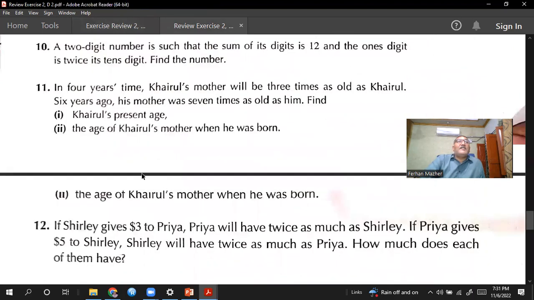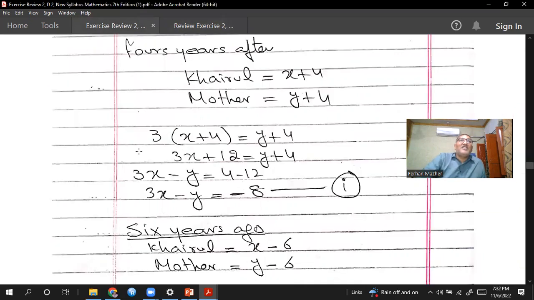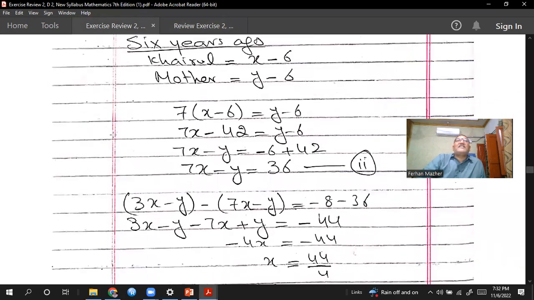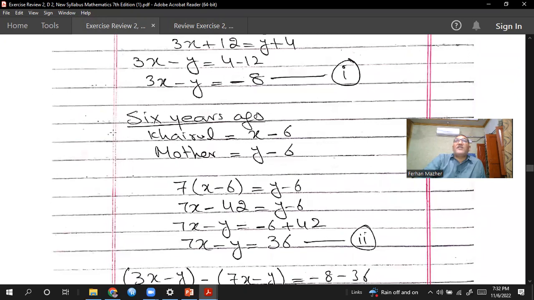Then he says 6 years ago, his mother was 7 times as old as him. So 6 years ago, Carol's age will be X minus 6. The mother's age was Y minus 6. He says the mother was 7 times as old as him. Here you can see that I have the first equation, 3X minus Y equals minus 8.